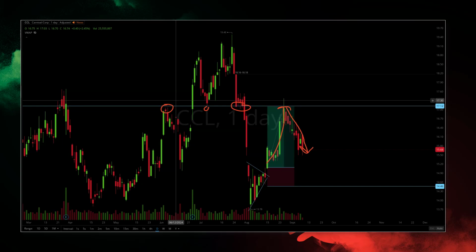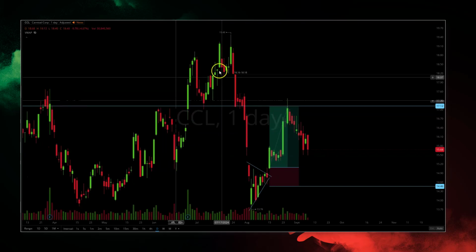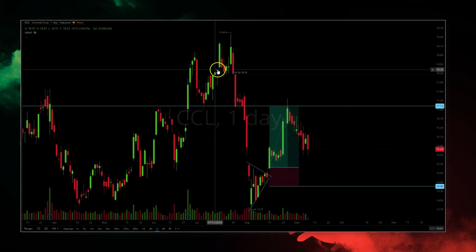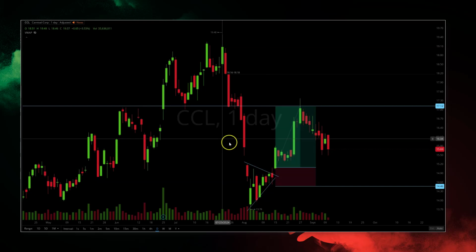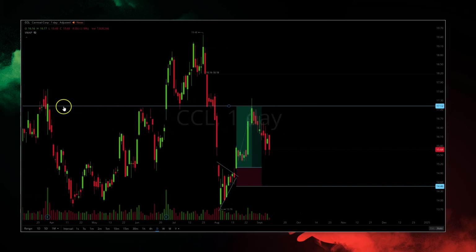So this was actually a really good trade if you would have gotten out right there. For a trade like this where it did come down and coil up, that is a great place to target where you would take profit.